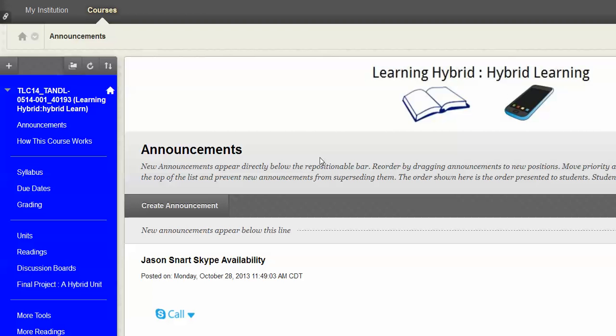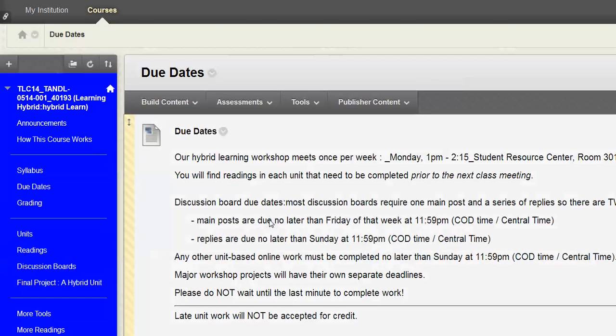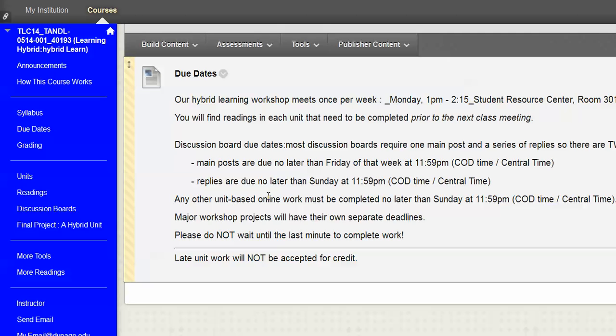Anyway, I'm obviously looking at our workshop in Blackboard here. And so, again, what I would normally do in an orientation or maybe part of a welcome video for students is walk them through some of the course areas, at least ones that we'd want to get to right away, whether it might be due dates, which we'll look at in class, and I would look at in class with students as well.